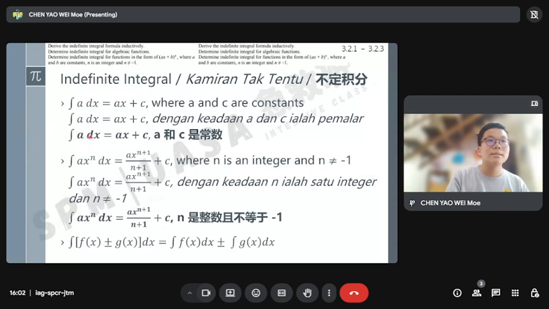Plus c, because in chapter 2 we know dy/dx is the equation of the tangent. The tangent touches the graph at one point only, but now I reverse it.